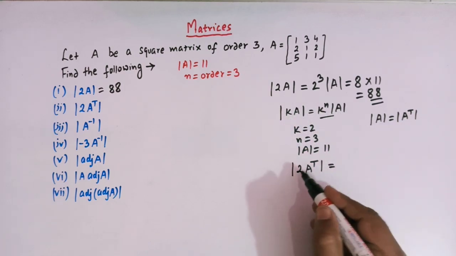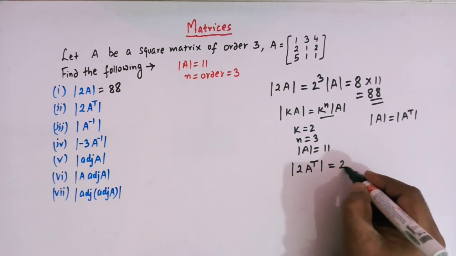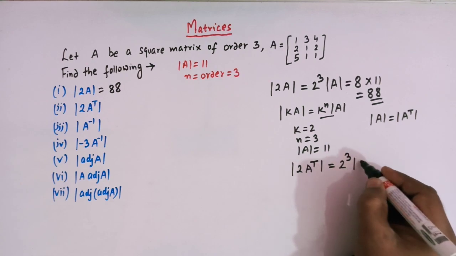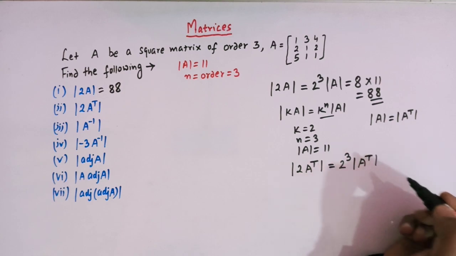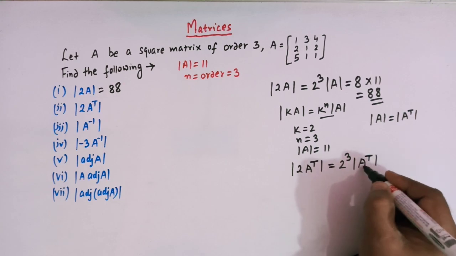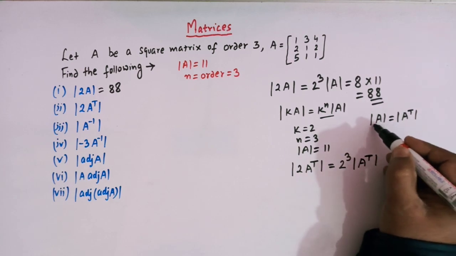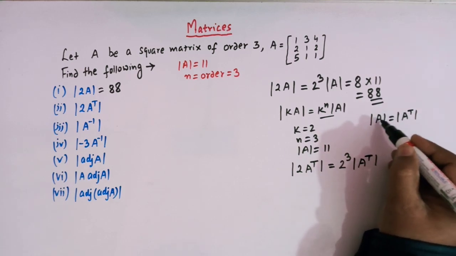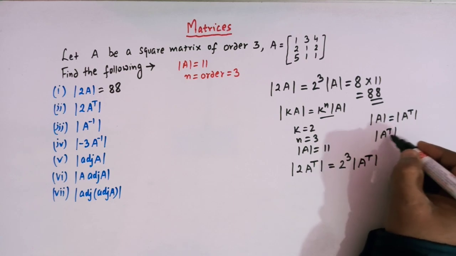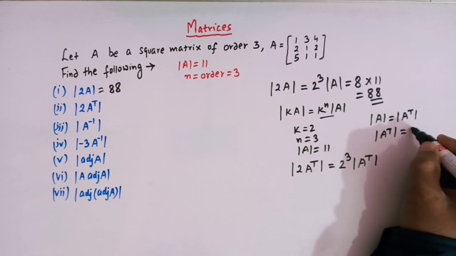So here we have k is 2, so we can write 2 raised to 3 because the order is 3, and then we have the determinant of the transpose of A. The value of the determinant of the transpose of matrix A is the same as the value of the determinant of A, so we can take the value as 11.